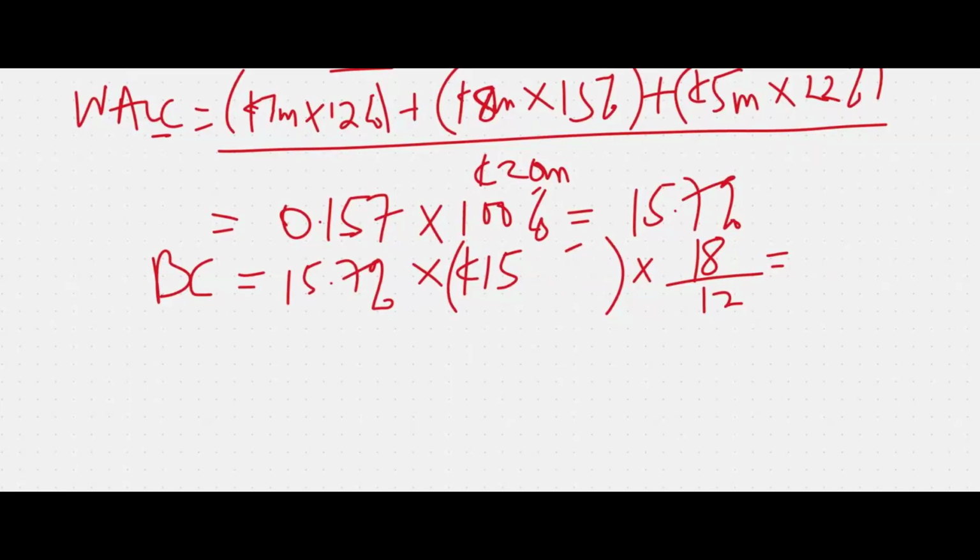Let me make it full year. Let me just go straight. So 15 million, right? Or 15 million minus the 5 million, then times 18 over 12. Then after that, I'll add the other part. Let's go back. So what do we have? Let's be quick.